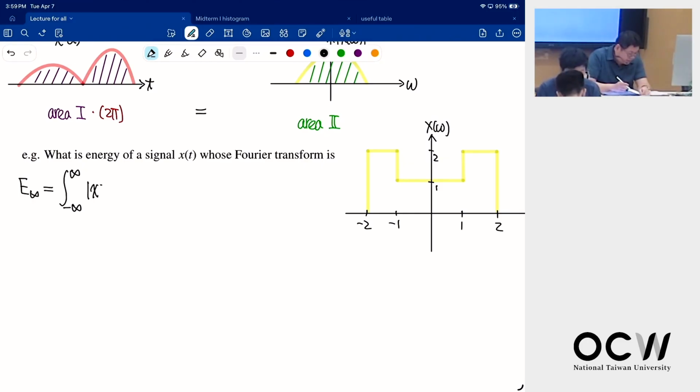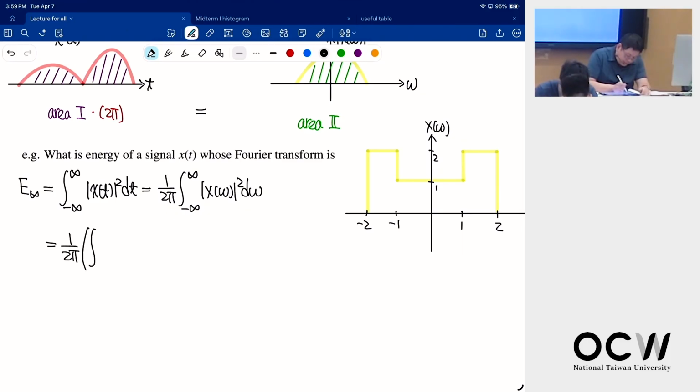So the energy of x is equal to 1 over 2 pi times the integral of the magnitude of X(omega) squared. Under that area, we have 1 over 2 pi, from -2 to -1 the magnitude is 2, so 2 squared.